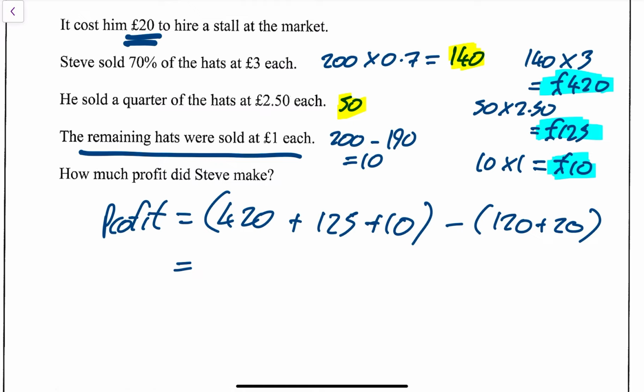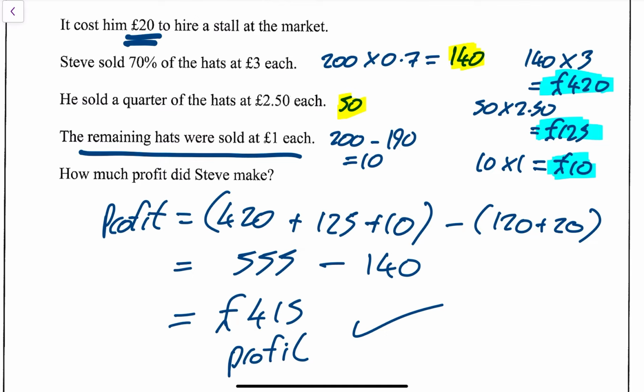Let's just work out 120 plus 125 plus 10. That works out to be 555, and then minus 140. So minus 140 works out. He's done well. He's still made £415 profit. Lovely. Good for Steve.